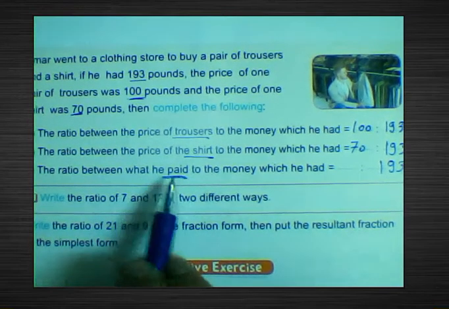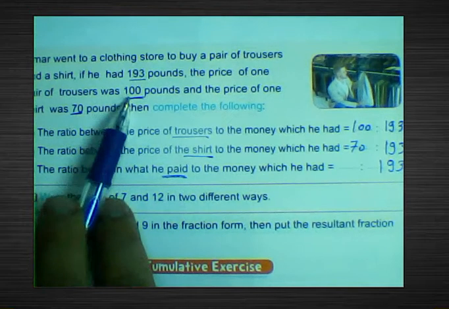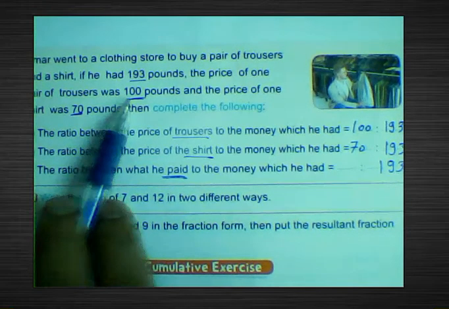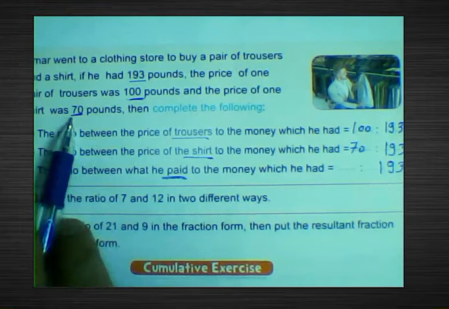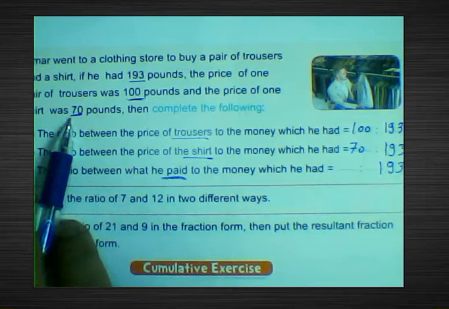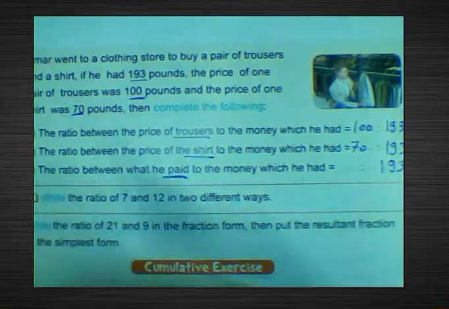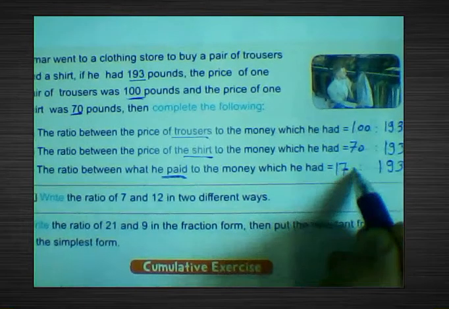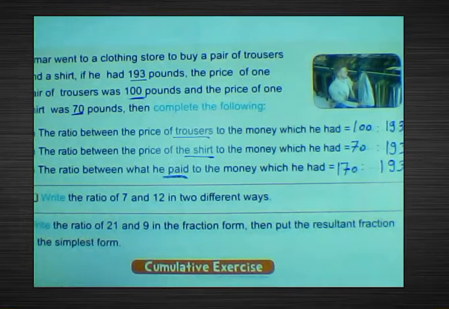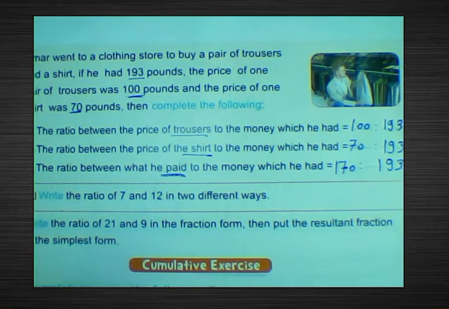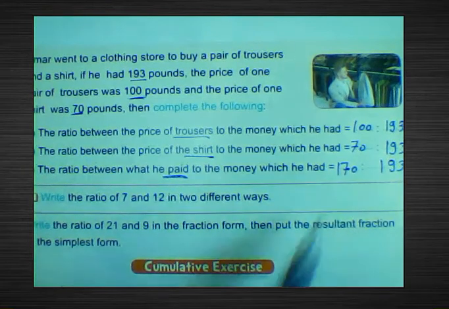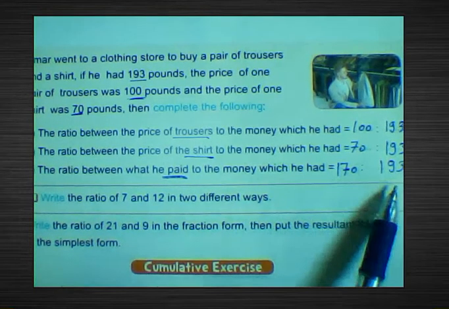We will add the price of trousers and the price of one shirt, adding 170. The result will be 170. So the ratio will be 170 to 193. We can't simplify it, because the highest common factor between 170 and 193 is 1.